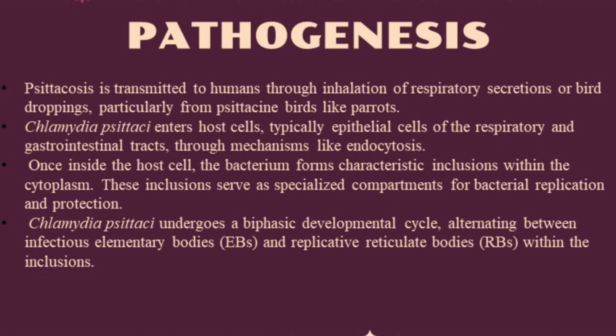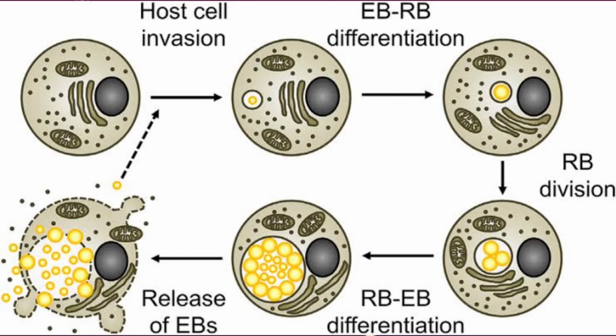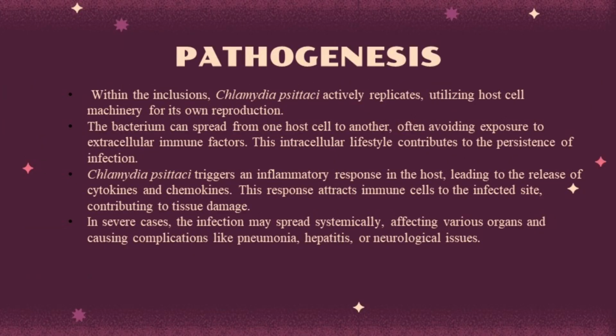Once inside the cell, the bacteria forms characteristic inclusions within the cytoplasm. These inclusions serve as specialized compartments for bacterial replication and protection. Chlamydia psittaci goes through a two-phase development cycle, switching between infectious elementary bodies and replicative reticulate bodies within these compartments.